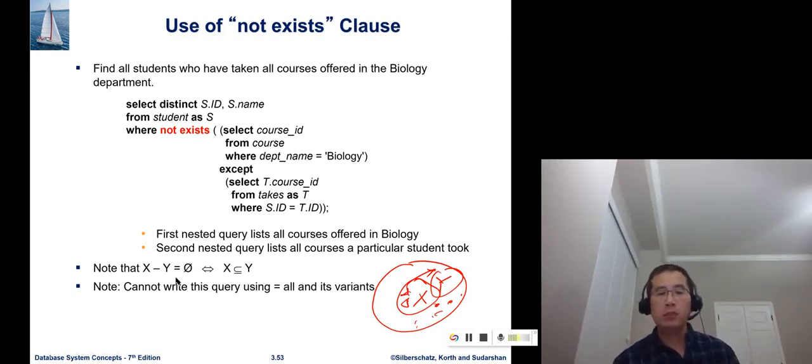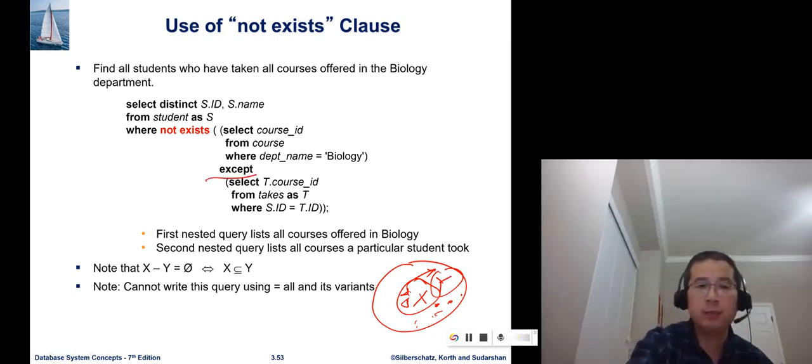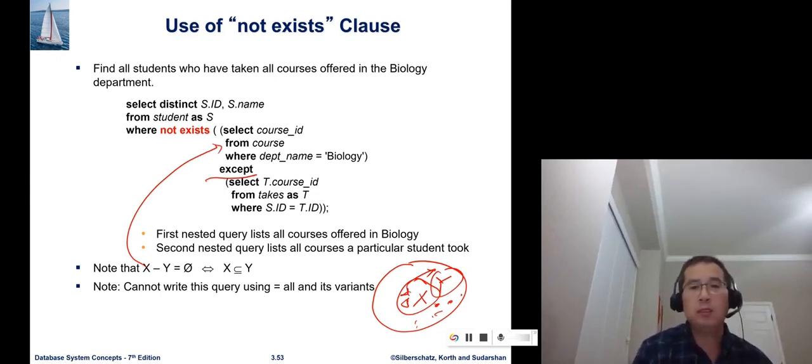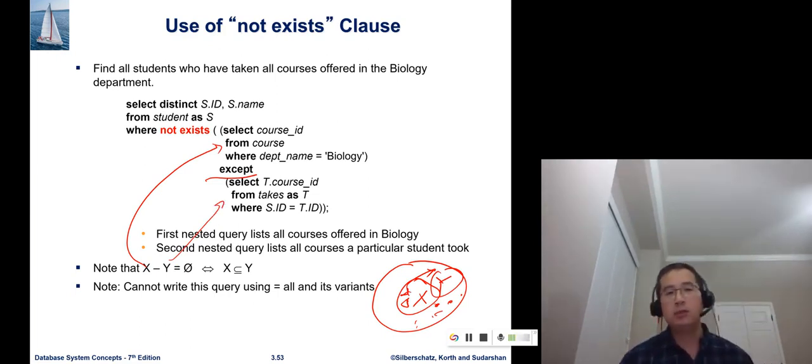That means we use this way to compare with the empty set. So here the minus we use except, and then X we use the biology department offered courses. Y we use the courses taken by students.